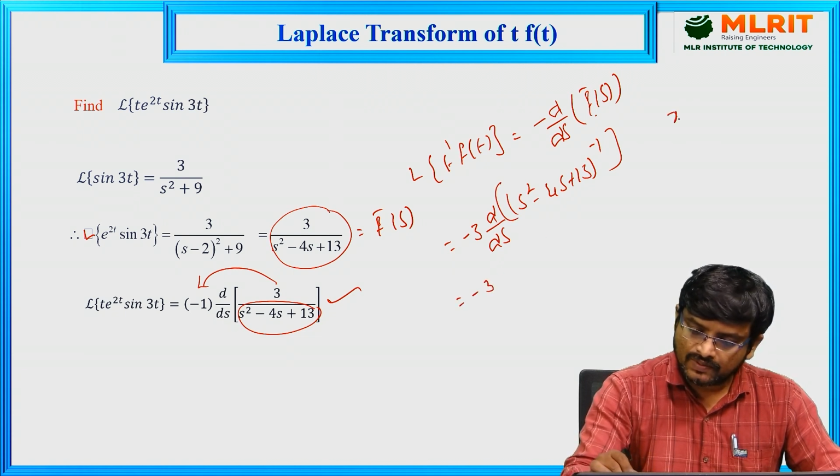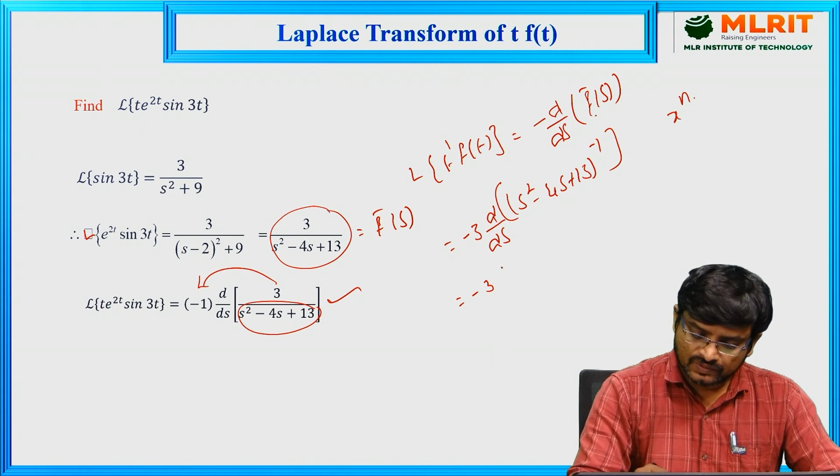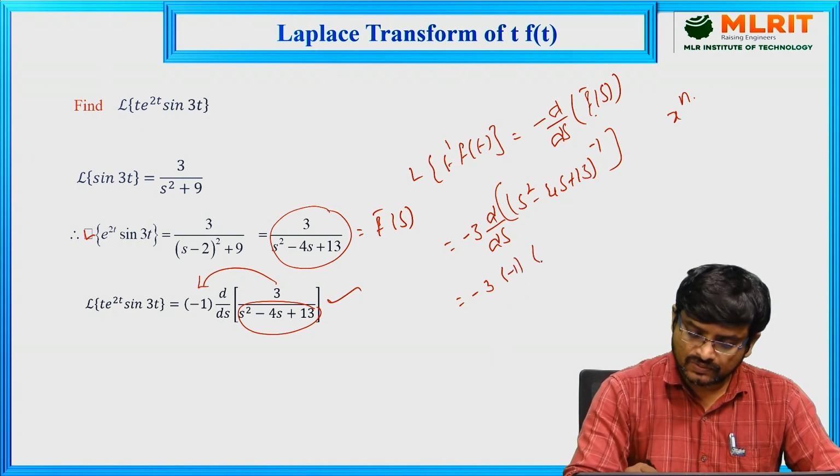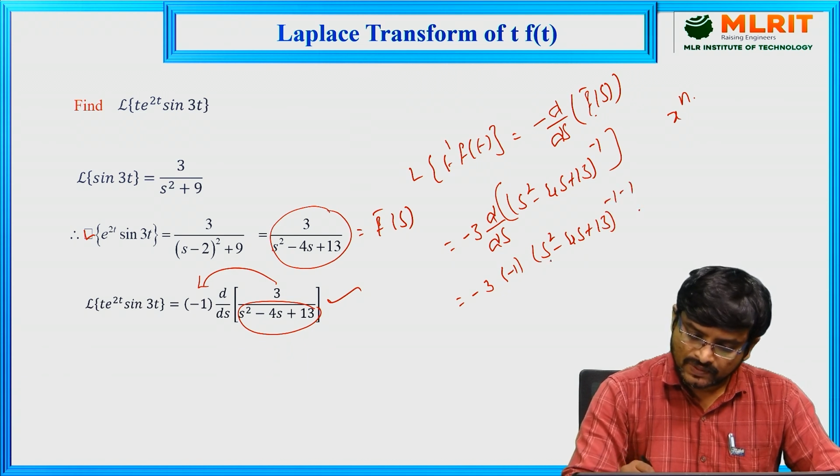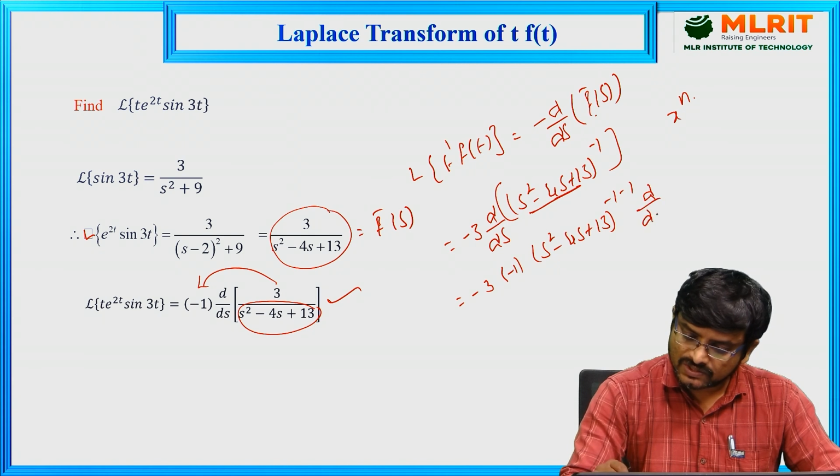Apply the derivative of x power n formula, so you get minus 1 into s square minus 4s plus 13 to the power of minus 1, into, and once again apply the derivative of the base, d by ds of s square minus 4s plus 13.